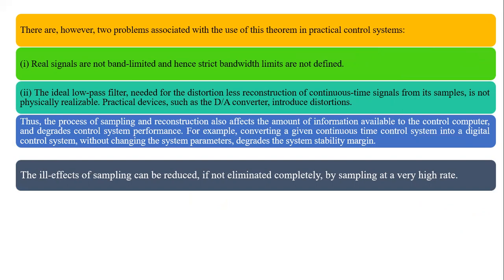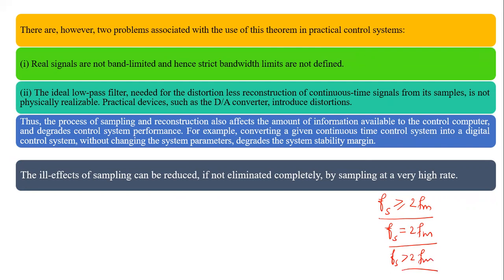If we do the sampling of the continuous time signal at a greater rate. That is why the sampling theorem says that the sampling frequency must be greater than or equal to twice of fm. No doubt it is true that perfect sampling is obtained only when you have this relationship, but to avoid any kind of issue related to sampling and reconstruction, it is always preferred to have the sampling frequency greater than twice the maximum frequency component.